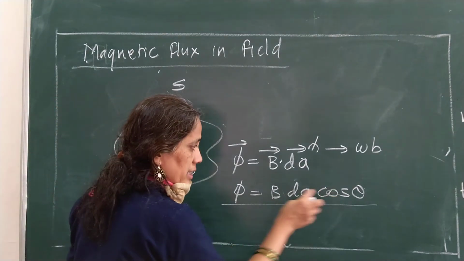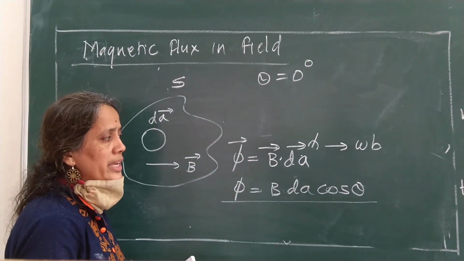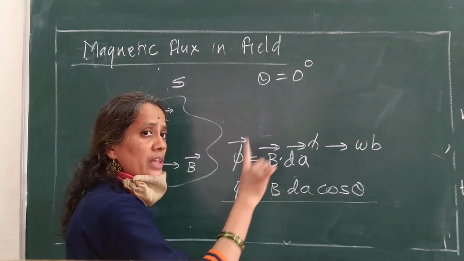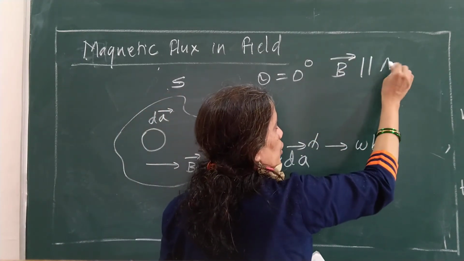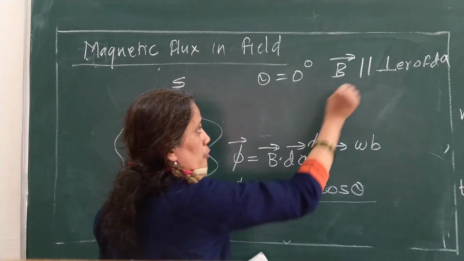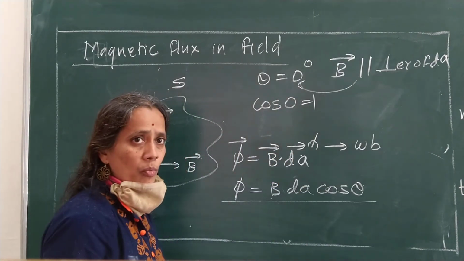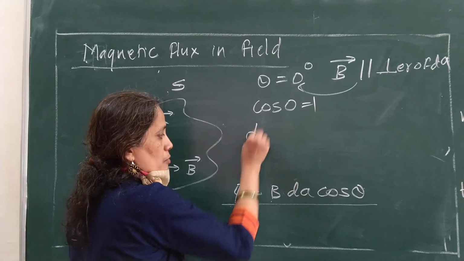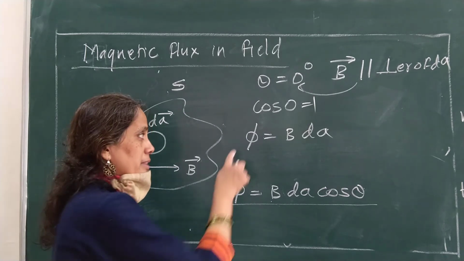But here in this particular case your theta is equal to 0 degree. Theta is equal to 0 degree means your A cos theta perpendicular component and magnetic field are both parallel to each other. So the direction of magnetic field is parallel to that of the perpendicular component of area dA. Therefore theta is equal to 0. Theta is equal to 0 means cos of 0 is equal to 1. If cos of 0 is equal to 1, this equation phi can be written as B into dA.